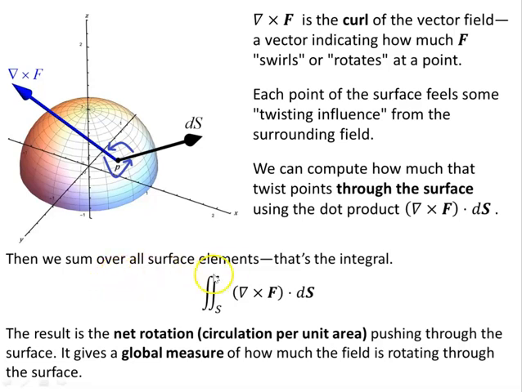Then we sum over all surface elements, over all points P, and that's the integral over the surface of the curl of F dotted with ds. And we sum up all of this, and the result is the net rotation, circulation per unit area pushing through the surface, a twisting effect pushing through the surface. How much twisting effect is there at each point P? It gives a global measure, when you sum it all up, of how much the field is rotating through the surface.